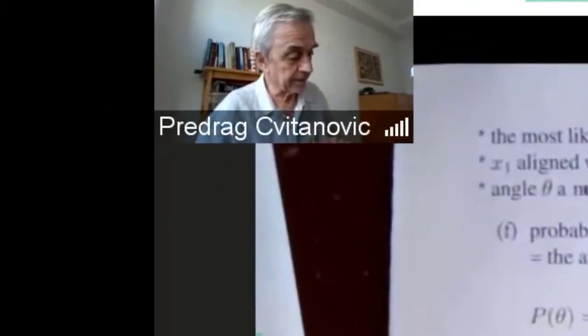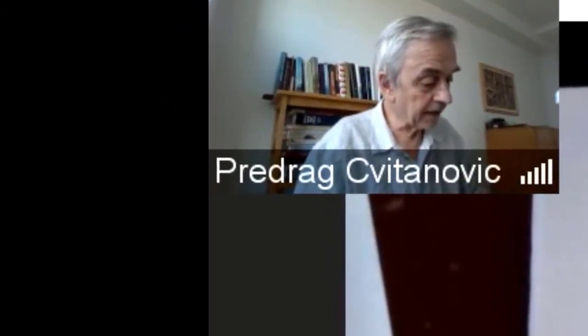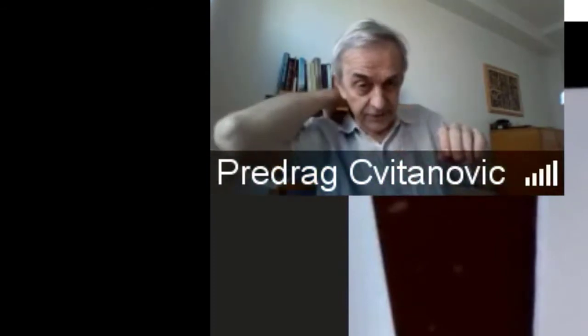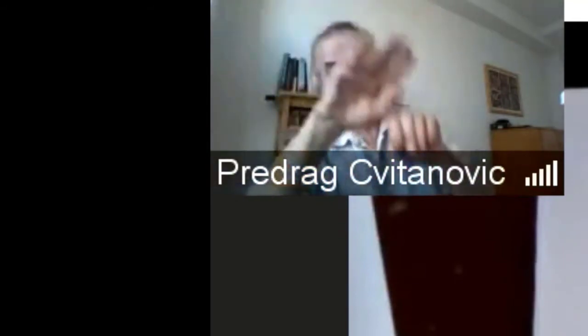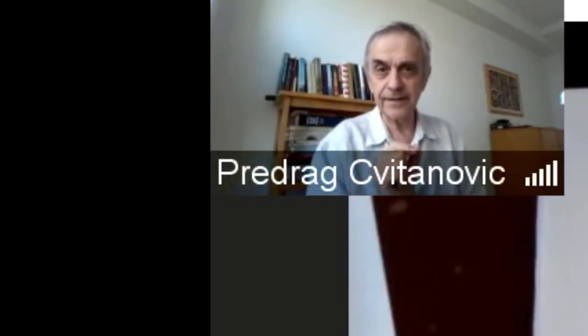This ratio is maximized at angle pi over 2. So, the most likely outcome, the peak of the Gaussian is at pi over 2, and the variance of this hill, the width of it is 1 over d.